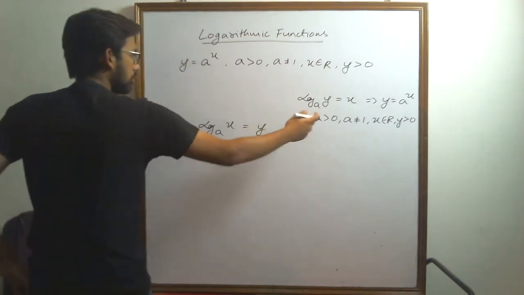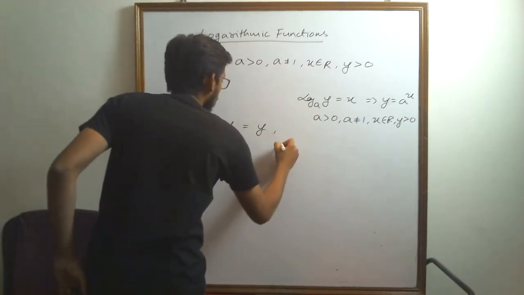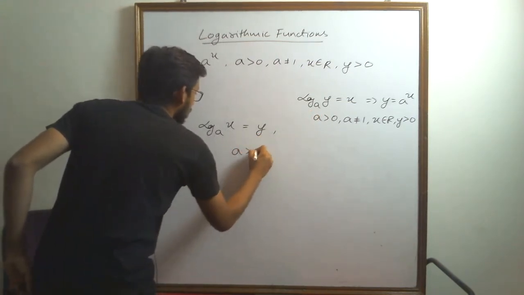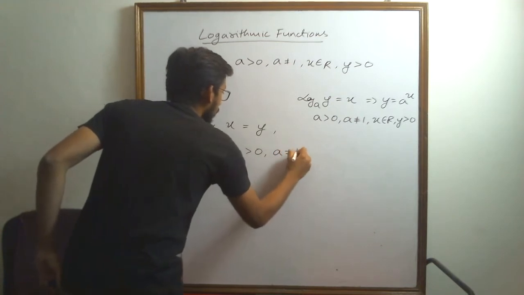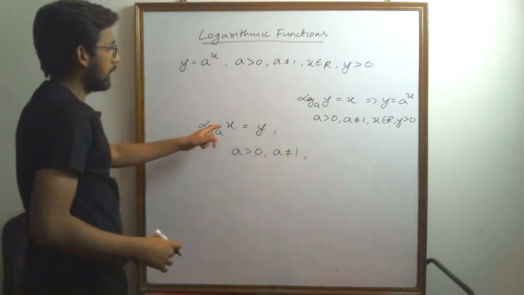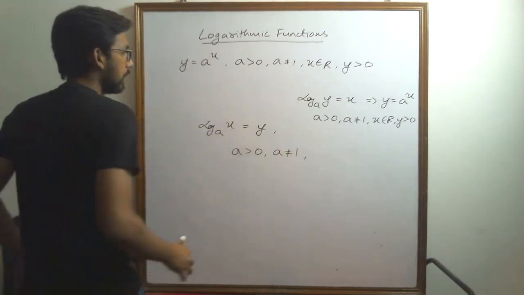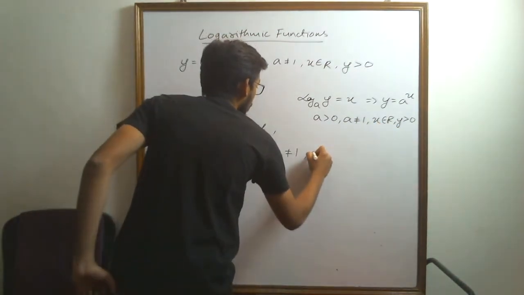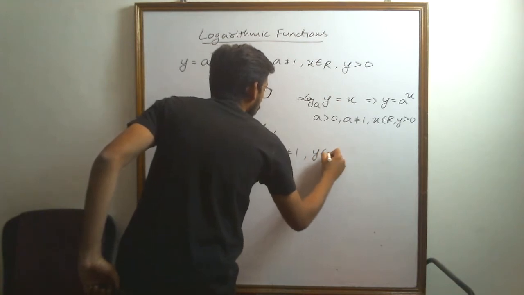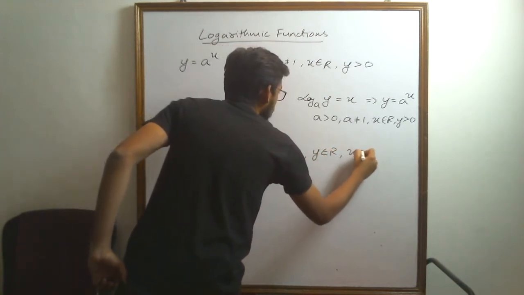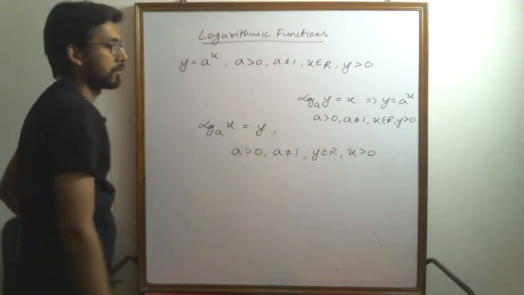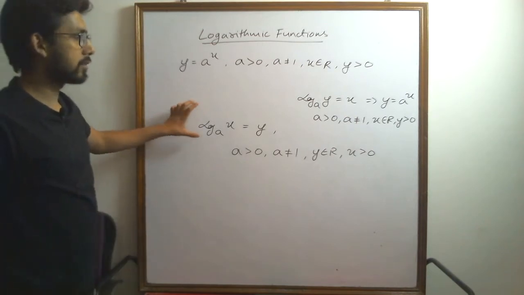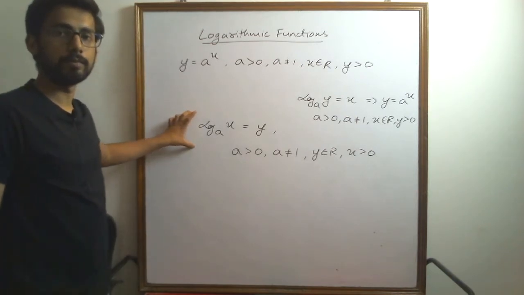Now the conditions are that a is greater than 0, a is not equal to 1, but since we have interchanged x and y, here x and y will also be interchanged, so we get y belongs to R and x is greater than 0. This gives us the logarithmic function. This is the definition.